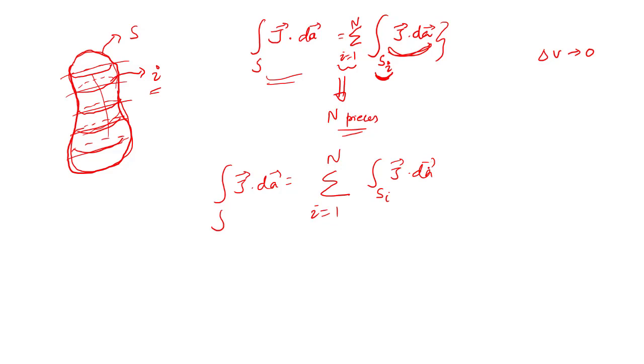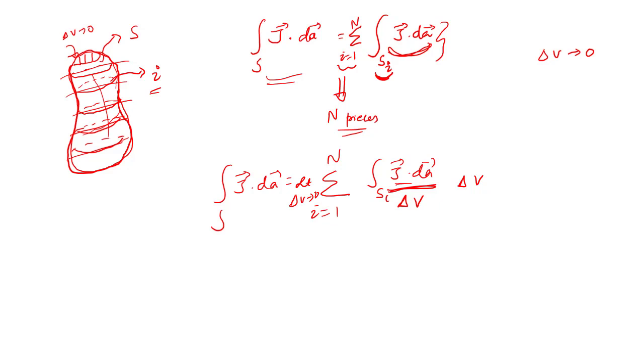If the volume of each piece is going to 0, it is so tiny that this may go to 0, and you may just get a sum of zeros. So to avoid that, we divide by delta V and multiply by delta V, and take the limit delta V goes to 0.